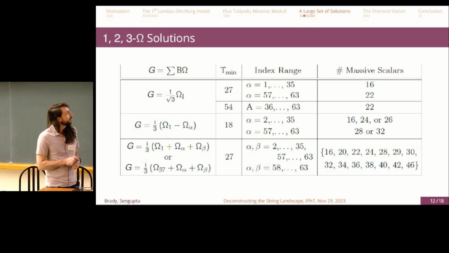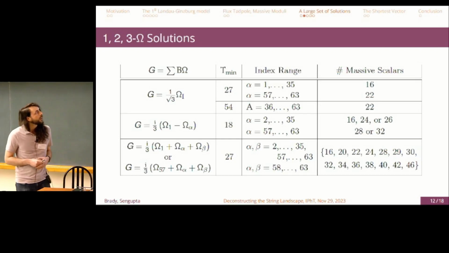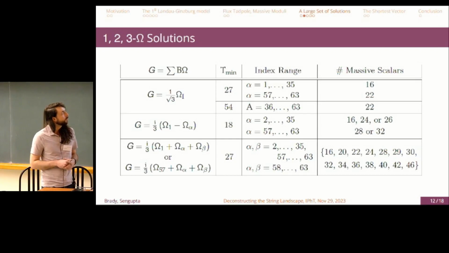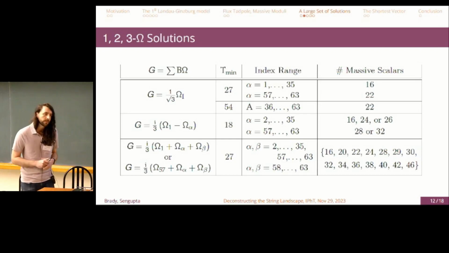There's a typo here. So we find they can stabilize 16 massive scalars, or 22, depending on your choice of index, in this enumerated list. That's the rank of the mass matrix, as Anindya mentioned before.